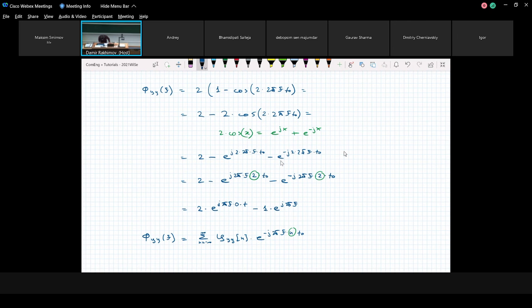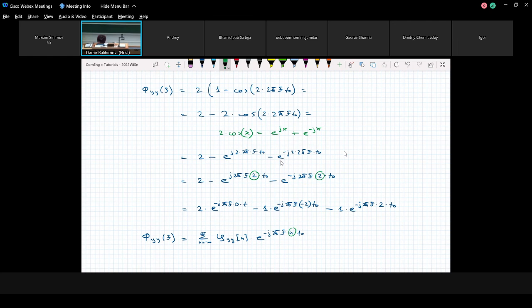I should put a minus actually, minus in front of j. I should put minus j 2 pi f times minus 2 t0, and minus 1 times the exponential function minus j 2 pi f times 2 times t0.